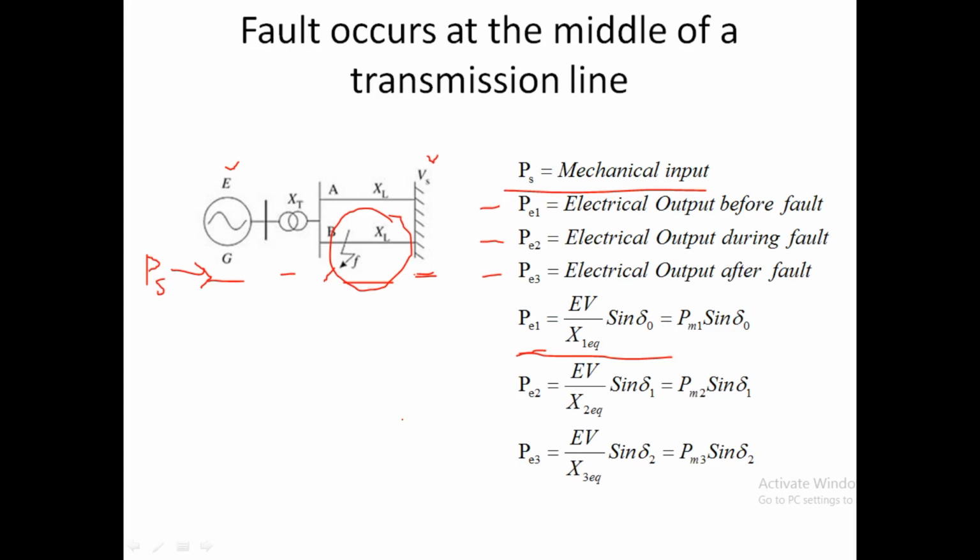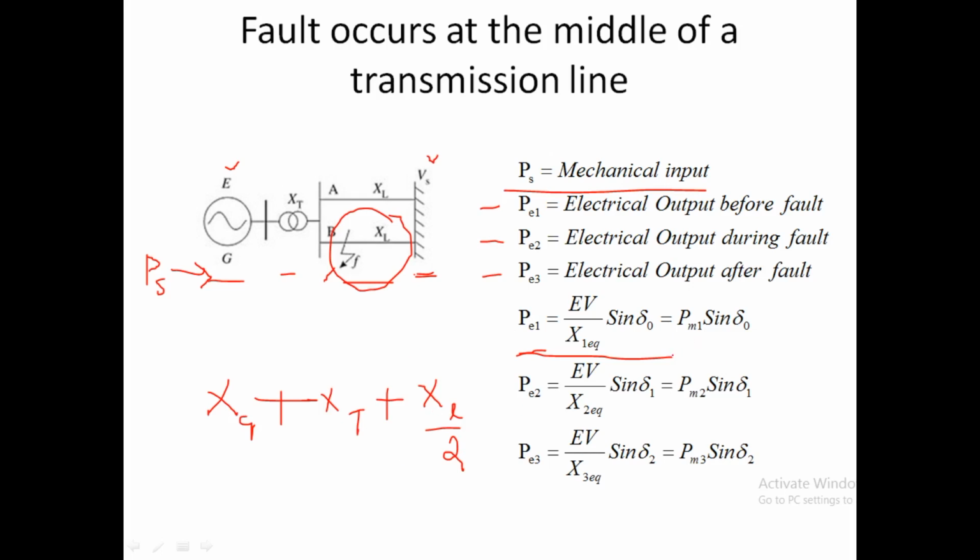X1 equivalent is the total reactance: the generator reactance XG plus the transformer reactance XT plus the line reactance XL divided by 2. Why divided by 2? Because there are two parallel lines before the fault, in a healthy system.